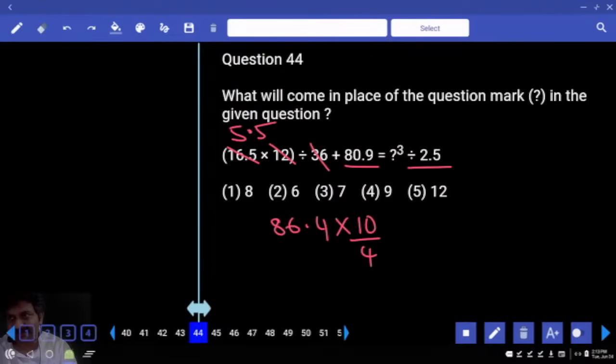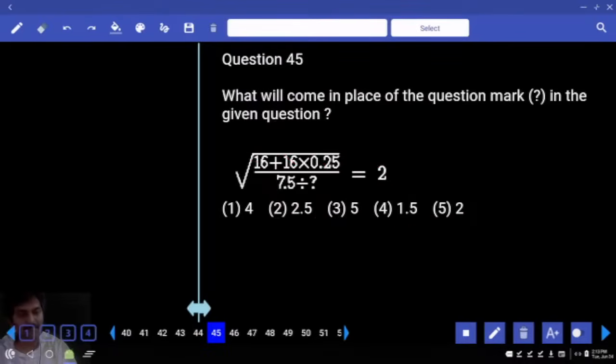The 10 and decimal get cancelled. 864 can be written as 216. Which cube is that? 6 cube. 0.25 can be written as 1 by 4. 16 into 1 by 4 is 4. 16 plus 4, the numerator is 20 divided by.